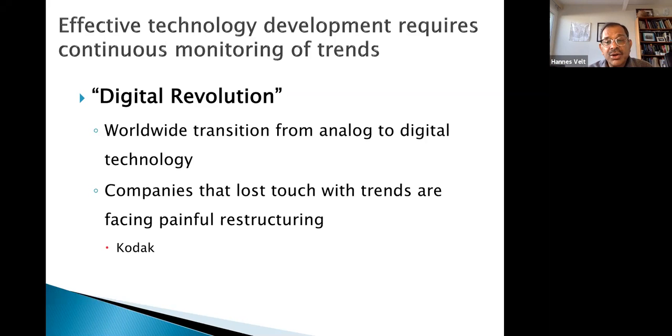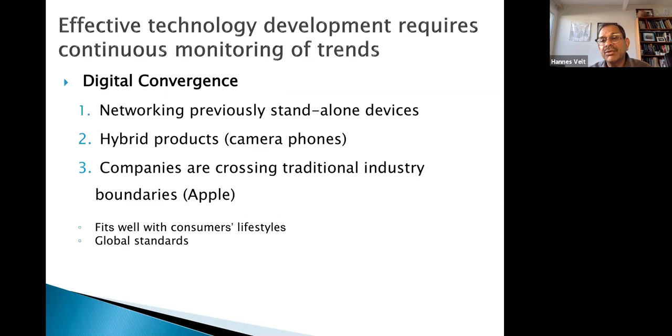So here we talk in this chapter about how important the transition to digital technology is across so many different industries. And also there is a very robust trend towards convergence. Convergence is of great value to individual consumers like you and me because we get more performance and functionality at a lower price.